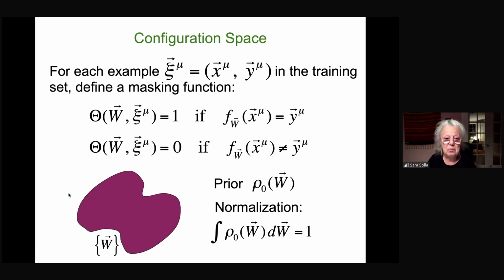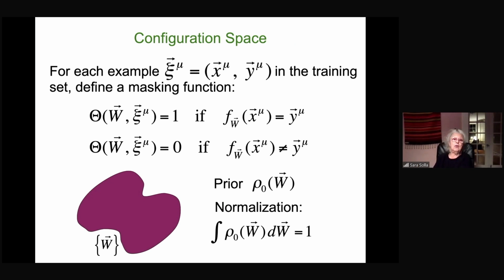So let's start with a prior, which I call rho 0 of W, which is properly normalized. The integral of rho 0 of W over W gives me 1. And I could pick any network within this ensemble of networks according to its prior probability rho 0 of W. That's a prior. No examples have been seen so far.